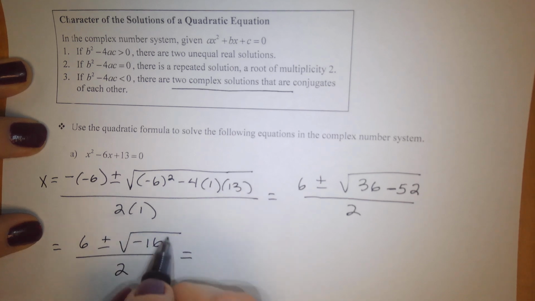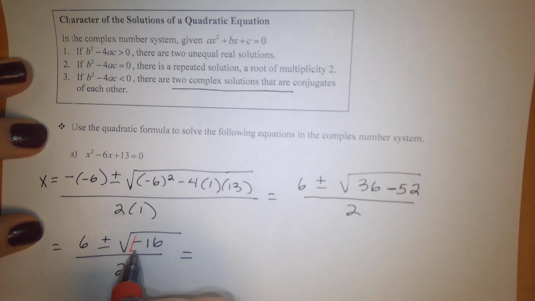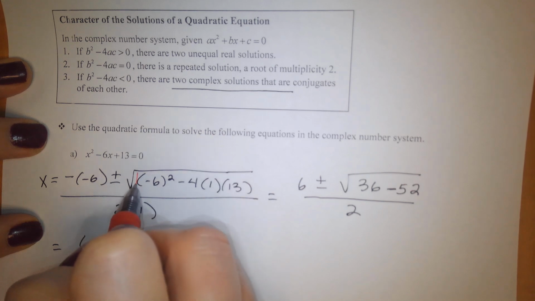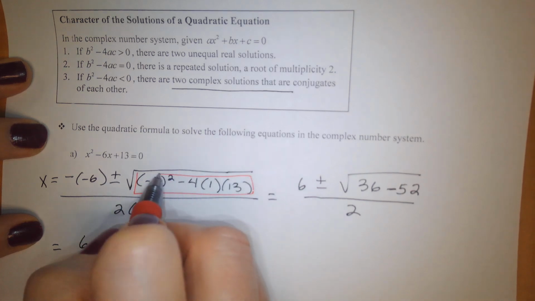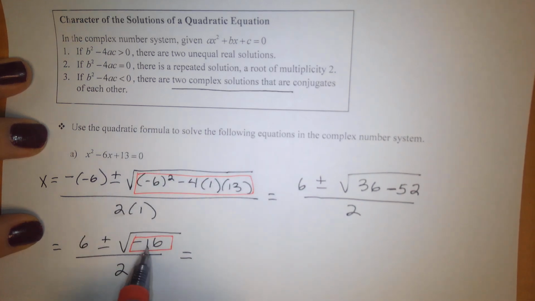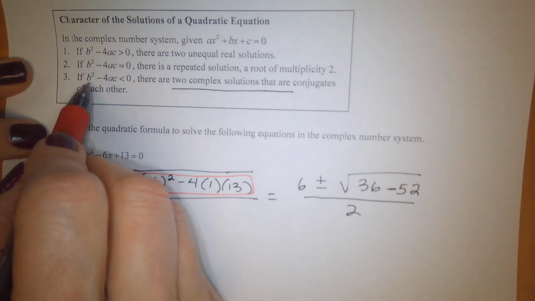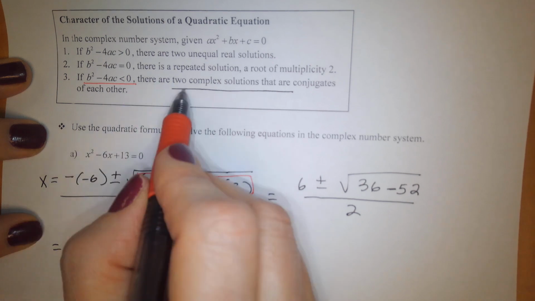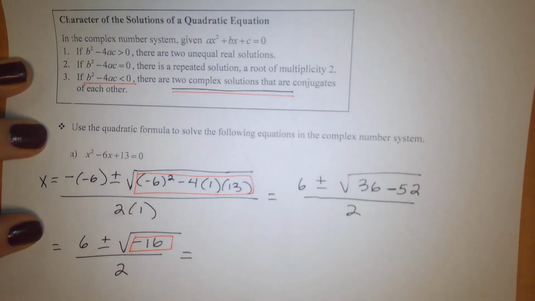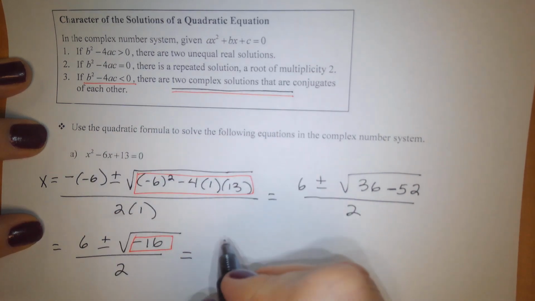So now we have to determine how to simplify this. This is the discriminant: b squared minus 4ac is the discriminant, and the discriminant is negative. Since the discriminant is negative, there will be two complex solutions, or two imaginary solutions.